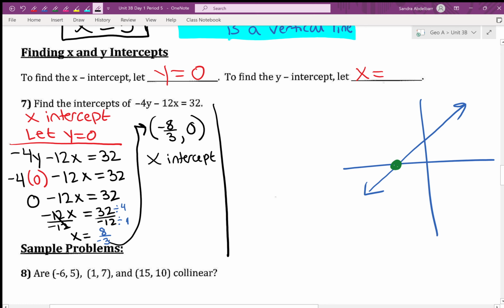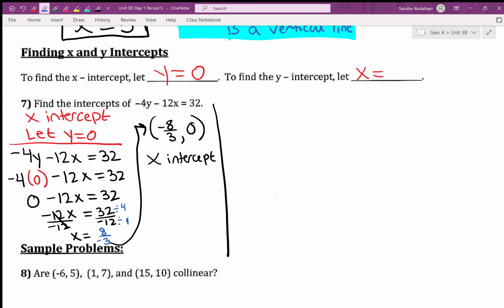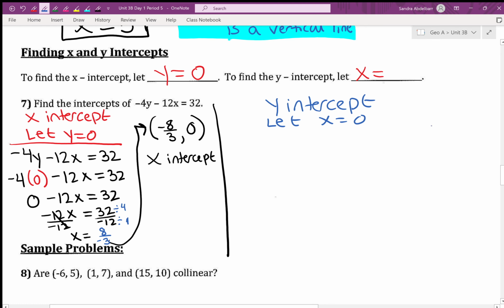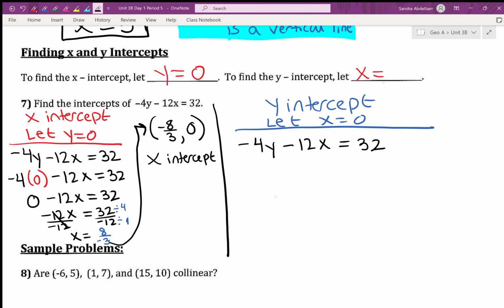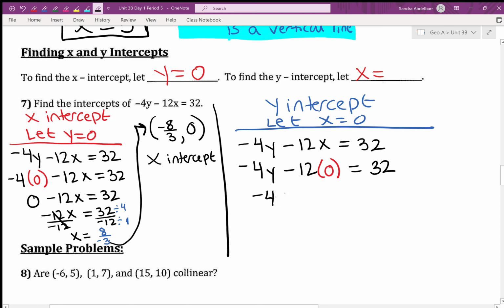All right, now we have to find the y-intercept. We're going to let x equal 0. So same thing, we take our equation, negative 4y minus 12x equals 32, and let x equal 0. So negative 4y minus 12 times 0 equals 32. Negative 4y minus 0 equals 32.